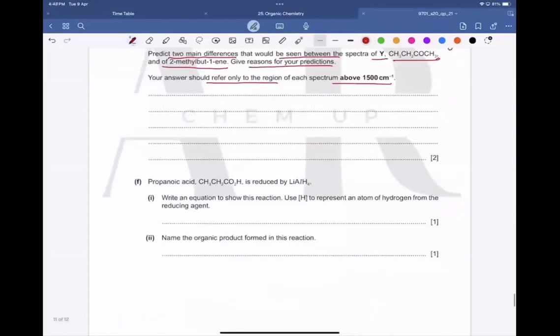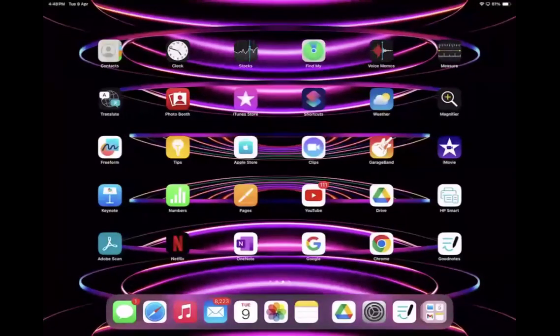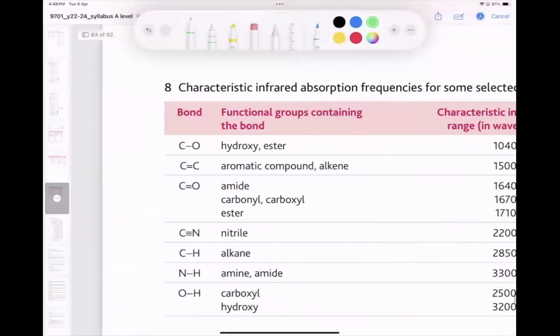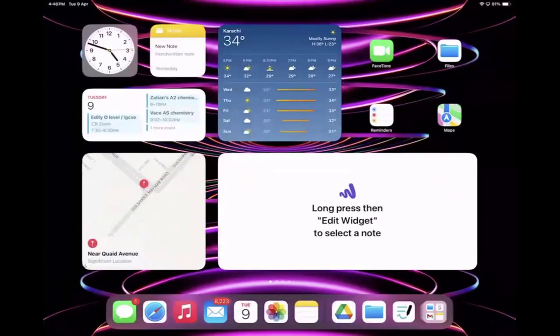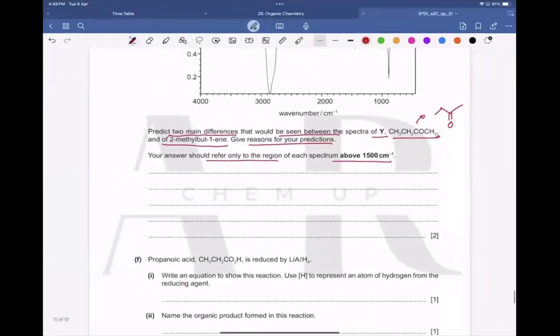For that, we need to look at the chart, the infrared values table, which is over here. There is a C double bond O in Y, and there is no C double bond O in 2-methyl butene. So due to this, the peak of carbonyl is shown in Y only.